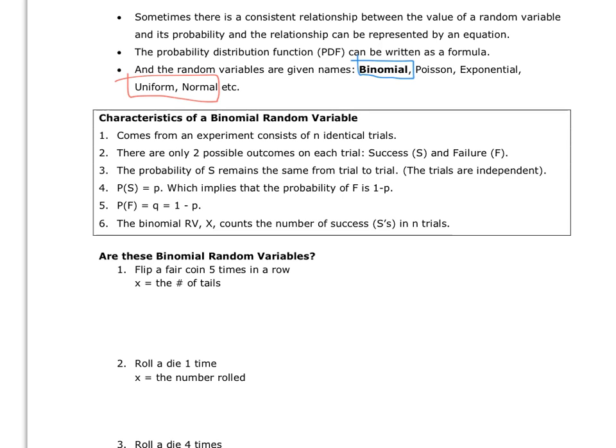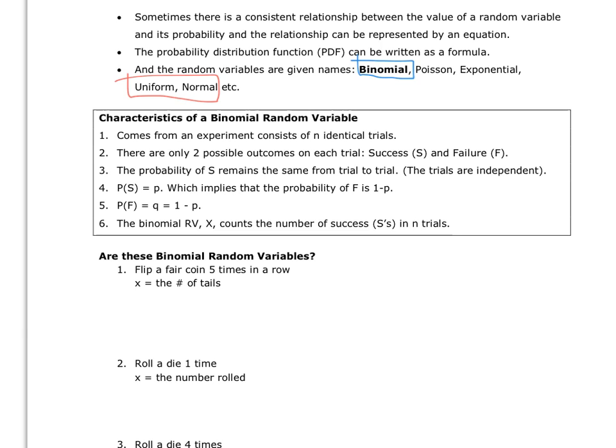So if you remember back from chapter 3 on probability, if the probability stays consistent of something happening after something else has happened, we call that independent. So the trials are independent. What happens on one trial will not affect the probability of what happens on the next trial.